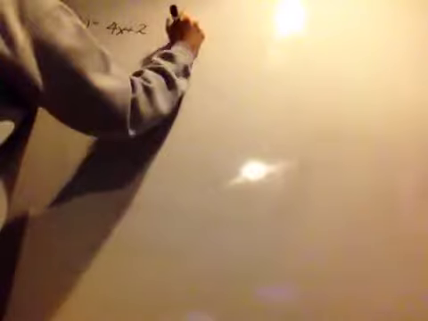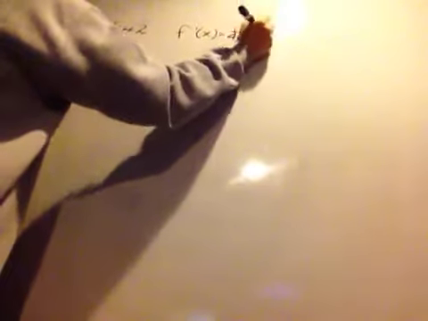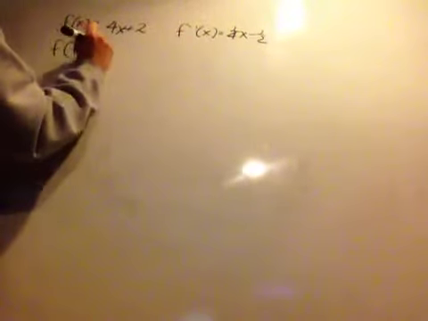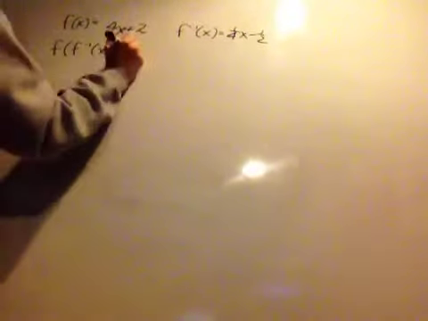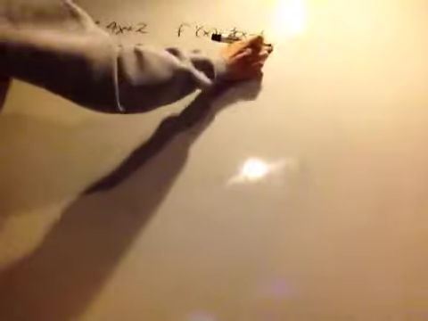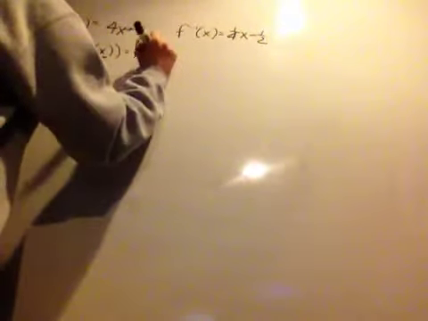So we have f of x is equal to 4x plus 2, and f inverse of x is equal to 1/4 x minus 1/2. So we want to verify that these are inverses of each other. So first we're going to do f of f inverse of x, and we want this to be x. So I'm going to first replace this inside function with what it is. I'm just going to substitute the 1/4 x minus 1/2 in for f inverse of x.